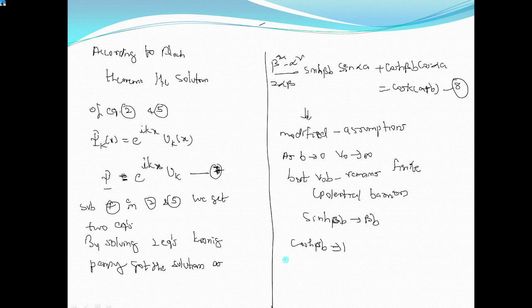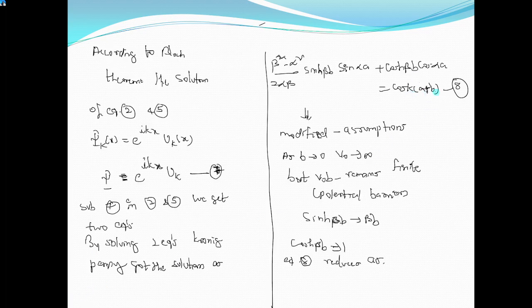So equation 8 reduces as beta square minus alpha square divided by 2 alpha beta, sinh beta b can be written as beta b, into sin alpha a, plus cosh beta b can be written as 1 into cos alpha a, which is equal to cos k into a plus b, but b is 0.